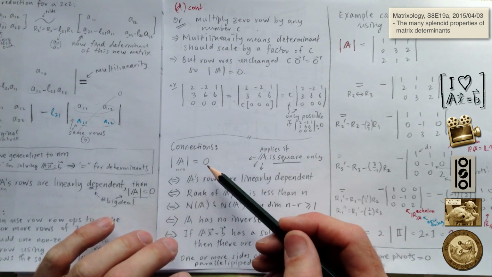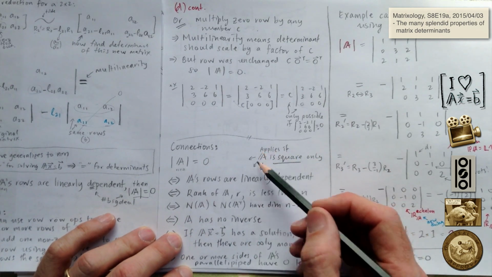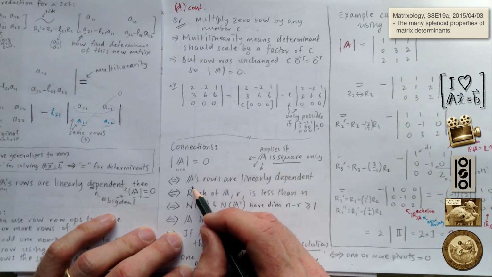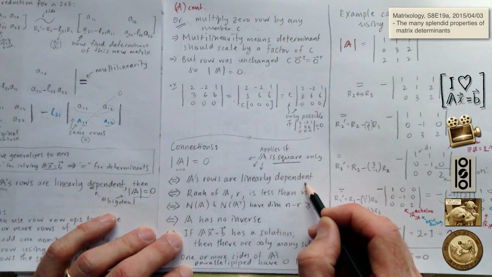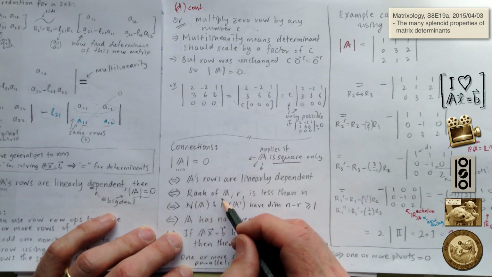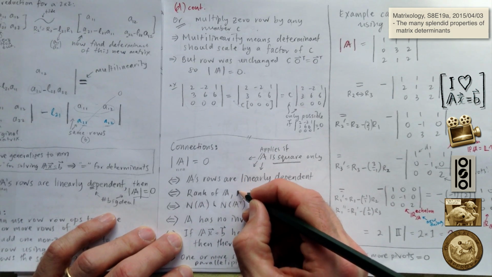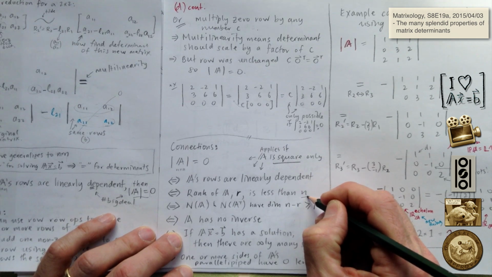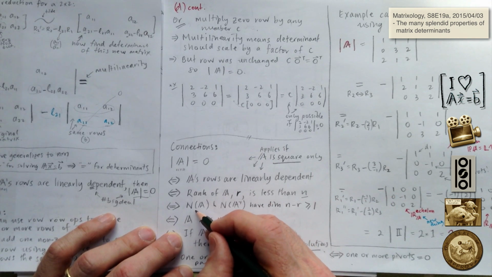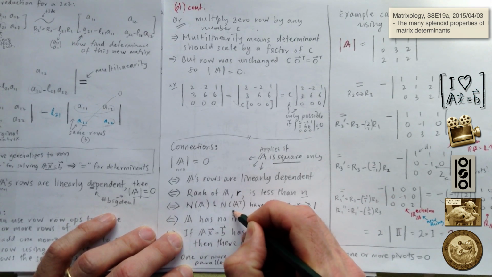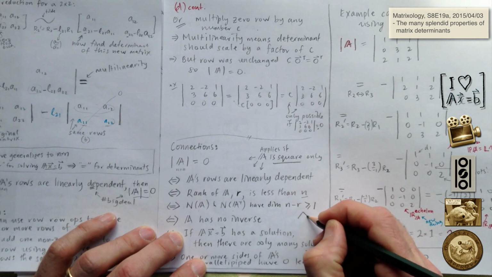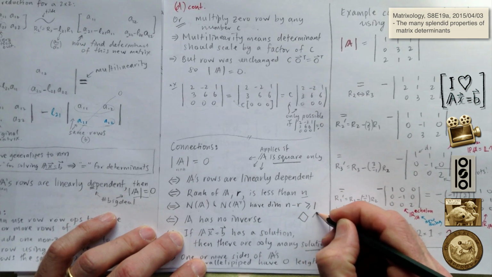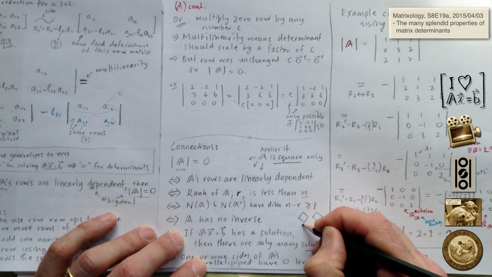So let's connect this to many things we know already. The determinant of A being 0, again, this is only for square matrices, means that A's rows are linearly dependent, same as the rank of A, which we've written as little r, this very important thing, being less than n. So the dimensions of the null space and the left null space, here's our big picture version.